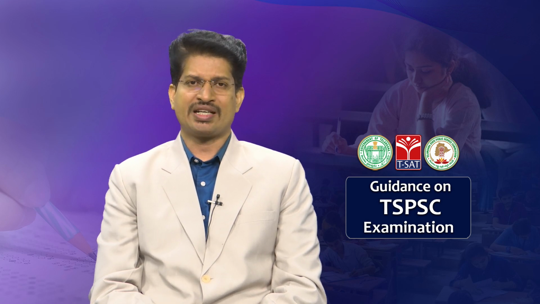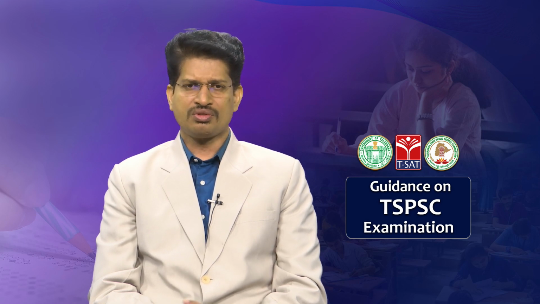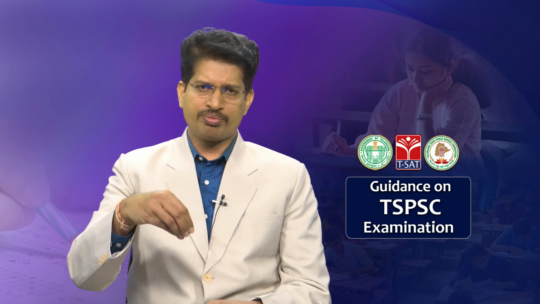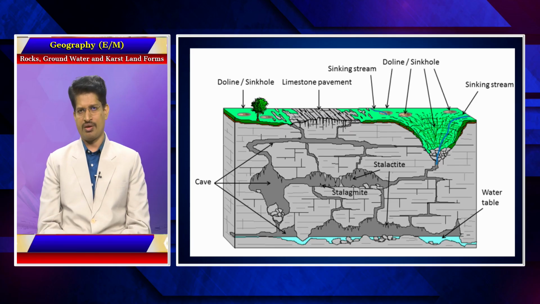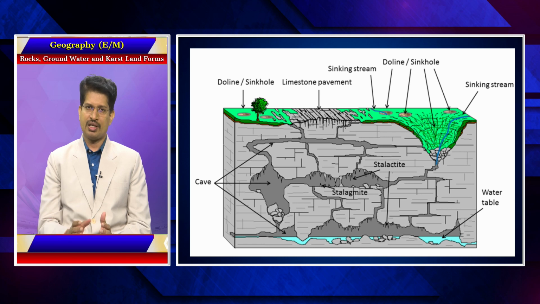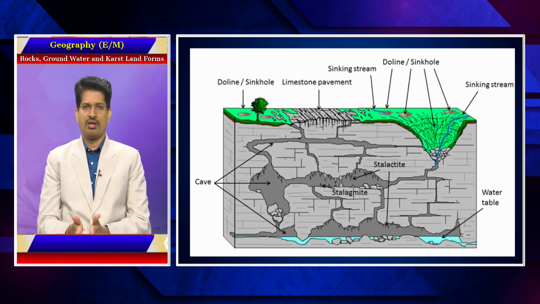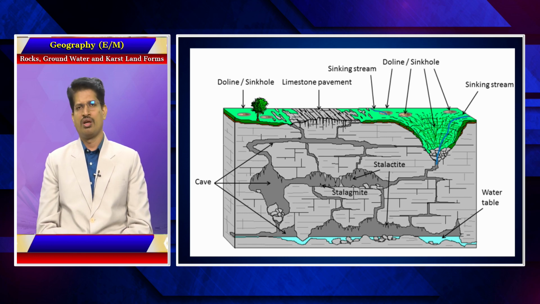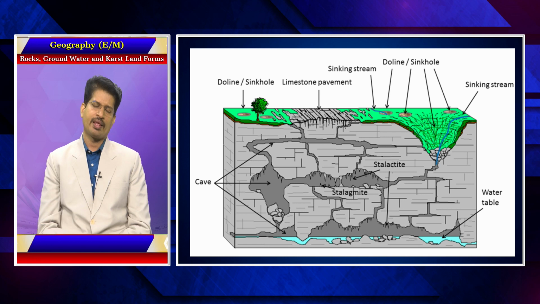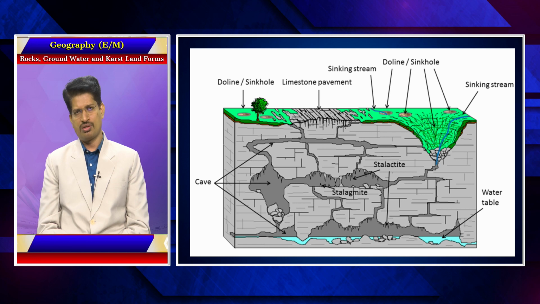This structure attached to the roof of the cave is known as a stalactite. In the same way, the drop which falls on the floor of the cave also evaporates, and another structure emerges upwards from beneath, which is known as a stalagmite. Over thousands and millions of years of continuous dripping of water droplets because of the percolation of precipitated water, the extensions of stalactite and stalagmite fuse to form a structure known as a pillar.